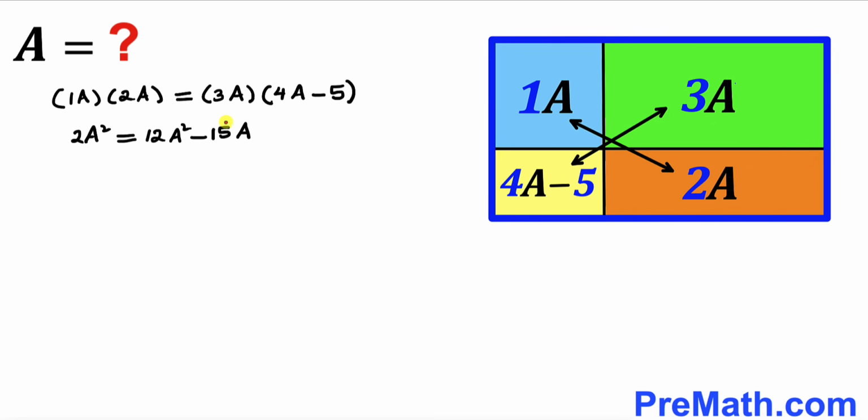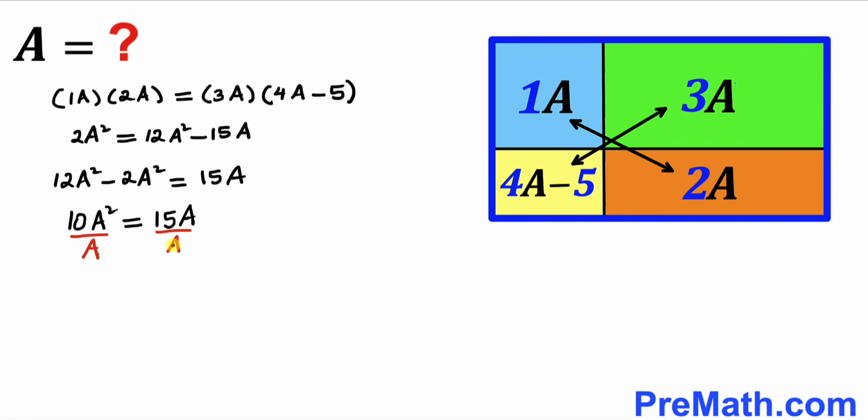Now I'm going to move this 15 times a to the other side, and at the same time I'm going to move this 2 times a square in the opposite direction. Now I'm going to make it simple by just dividing by uppercase A on both sides, and make sure that this area uppercase A must not be equal to 0. So we end up with 10 times uppercase A on the left hand side equals 15, and uppercase A is gone on the other side.